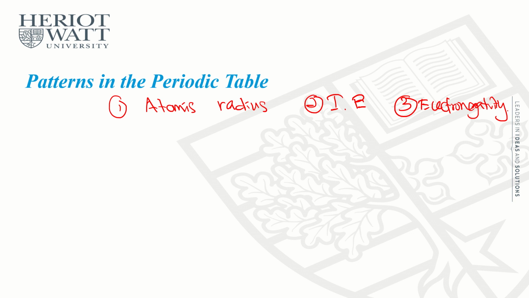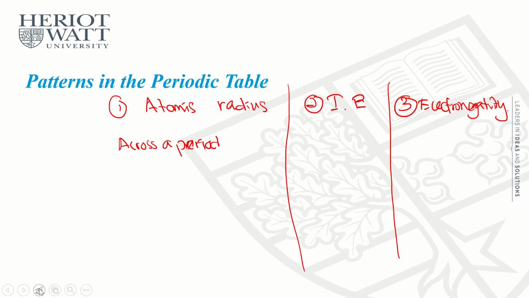Now, how do these three change in the periodic table and why are they changing? So first, we look at atomic radius. So when you move across a period, what happens to the atomic radius when you move across a period?